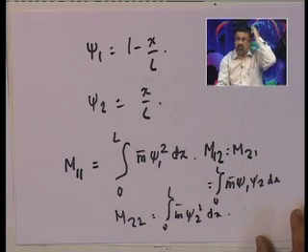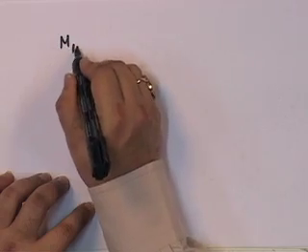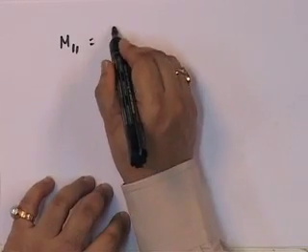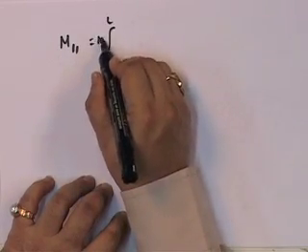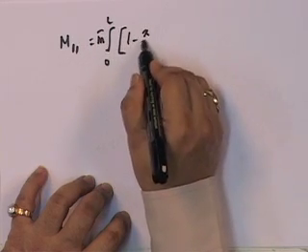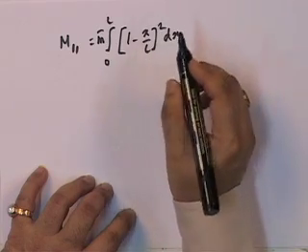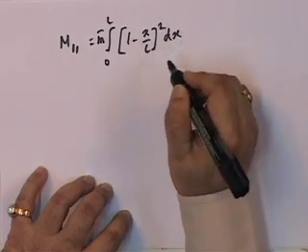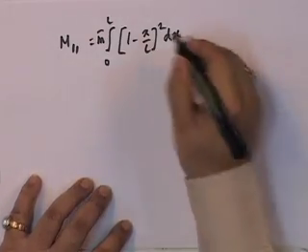So, now given these facts, let us find out what M11 and M22 are. M11 is equal to the integral from 0 to L. I can put m bar outside, and inside I get 1 minus x upon L the whole squared. So, how do I get that?